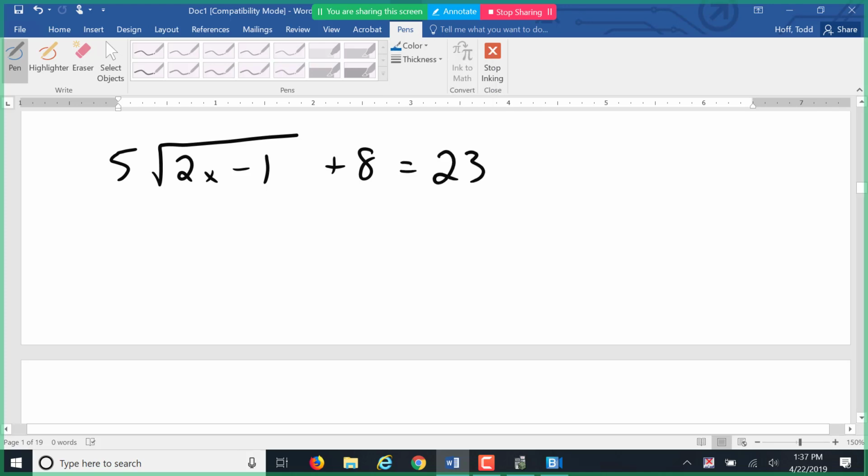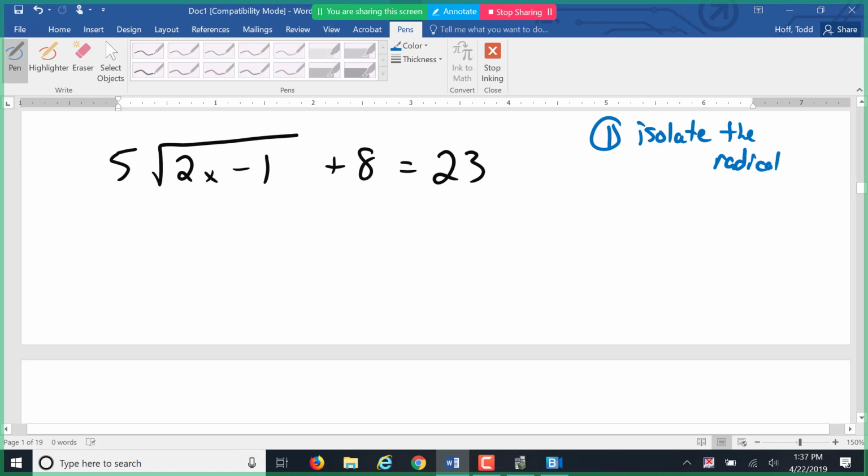So just like when we were solving linear equations, where there was sometimes things we had to do before we started to solve, same here. Before we start to solve a radical equation, we have to first isolate the radical, the root, in other words.